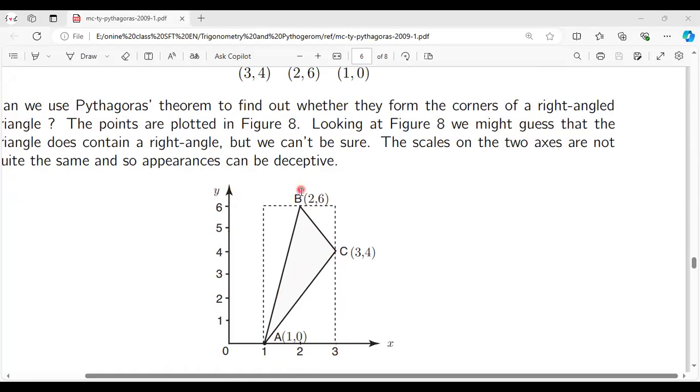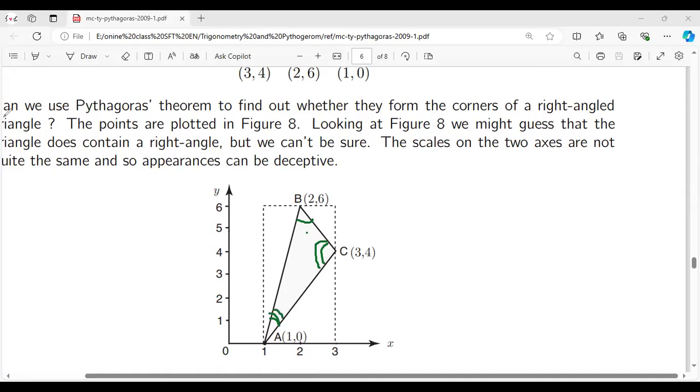And now you can see obviously this is not a right angle triangle, right? This is not a 90-degree angle. This is also not a 90-degree angle, and we cannot exactly say this is also a 90-degree angle.